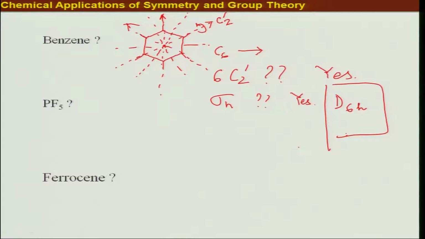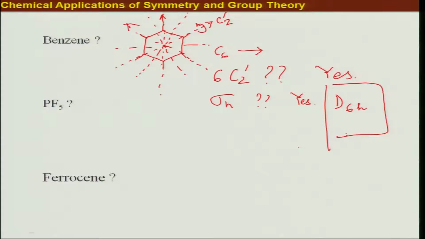We can now find out the point group for a given molecular structure. In many cases, we don't even have to find all the symmetry operations, because now we have learned what the main things are that we should look at in order to find the point group.